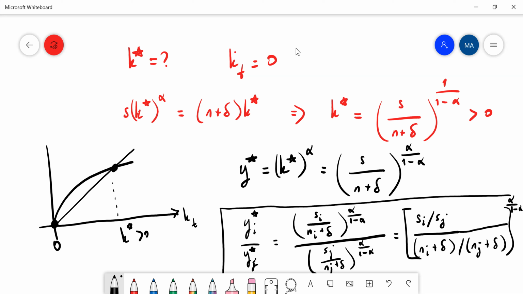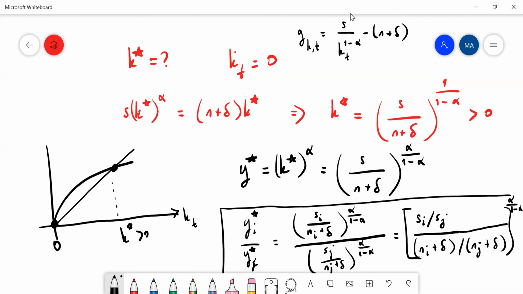Now, as you see, when we complicate the model slightly, it tells a different story about income differences, and it tells a different story about growth rates. The growth rate of capital stock per worker is once again that. So what does it tell you?